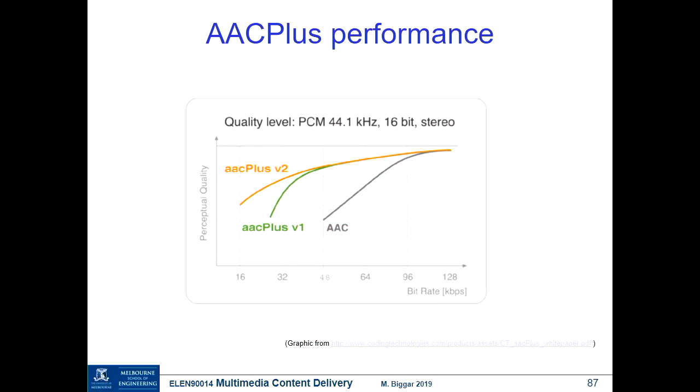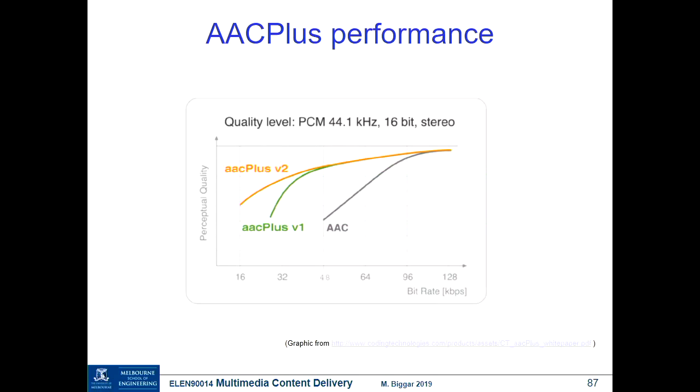Eventually we get to a point where this AAC Plus version 1, the SBR one, drops off in quality, but AAC Plus version 2, which is the parametric stereo, allows us to sustain higher quality to even lower bit rates. So even getting around to something like 20 kilobits per second, we're able to maintain a reasonably good quality for stereo audio reproduction.